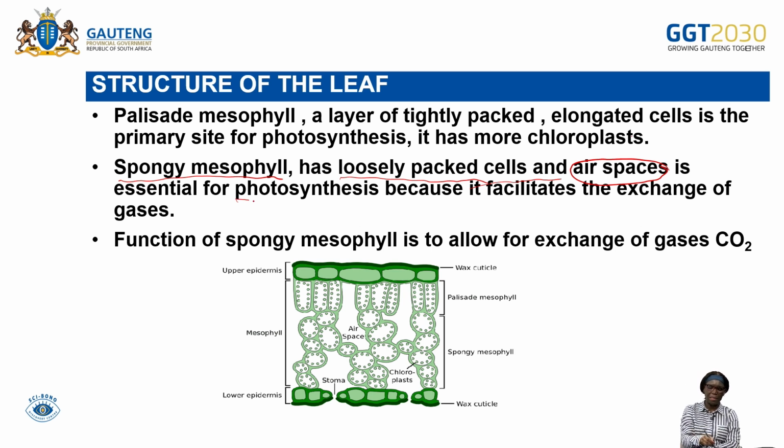It is also essential for photosynthesis because of the air spaces, the space in between. You see the air space in between the spongy mesophyll. This will assist in the exchange of gases. The diffusion of gases will take place through these air spaces. Hence, we say they are responsible for the exchange of gases.